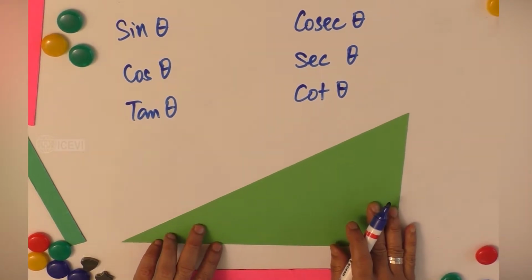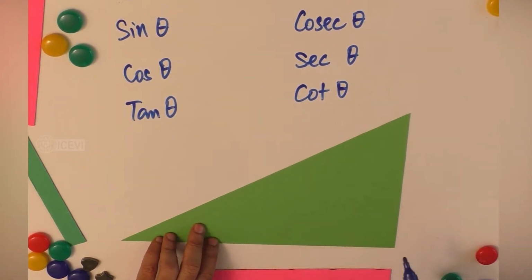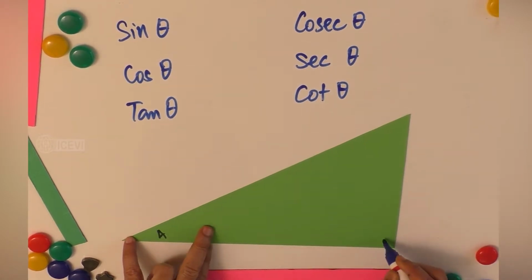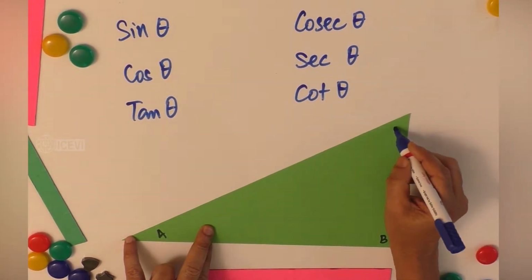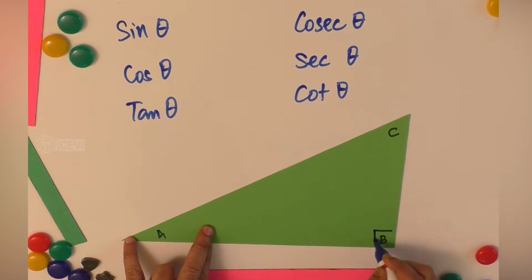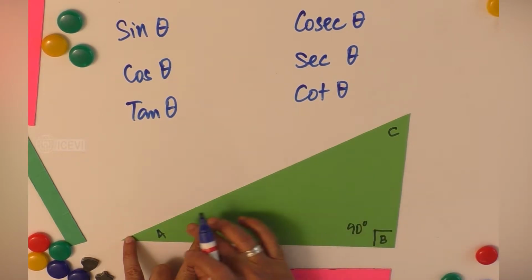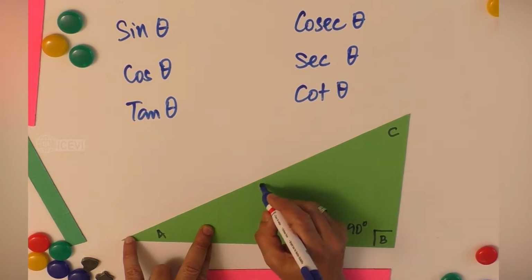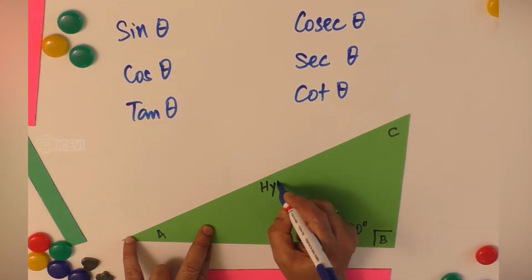Let us take this triangle which is a right angle triangle. Let us call it A, B and C, where B is the right angle, 90 degrees. The side AC, which is opposite to the right angle, is called the hypotenuse.